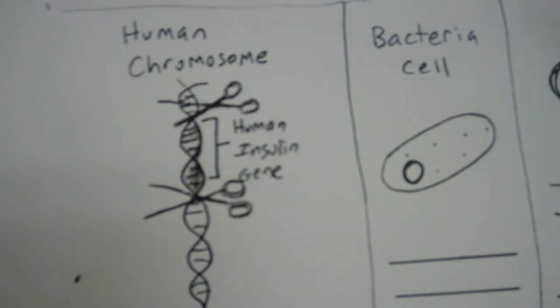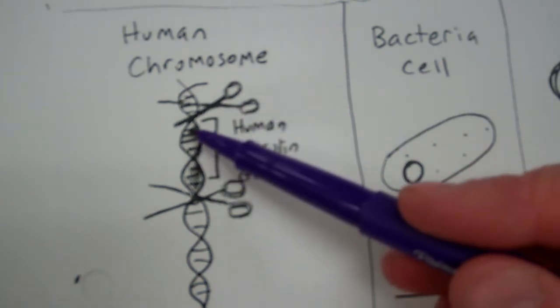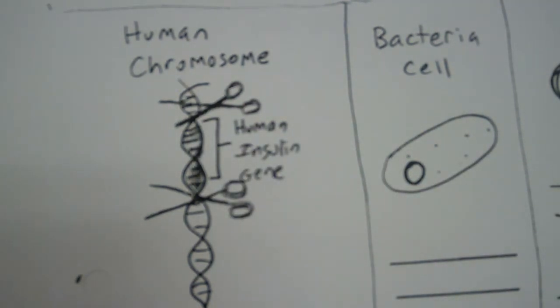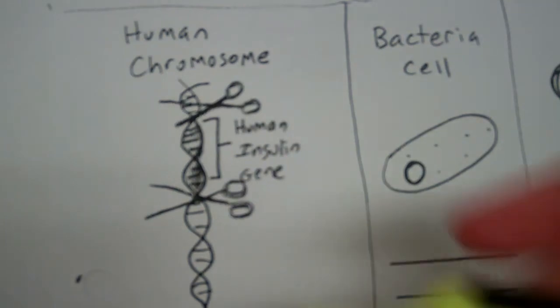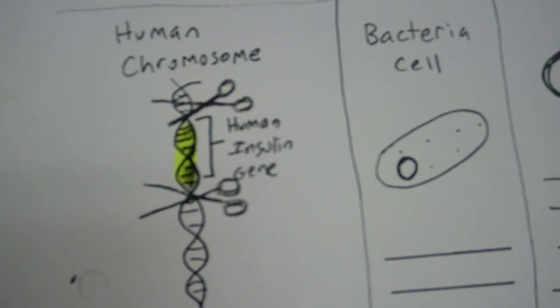Okay, scientists take restriction enzymes that cut their gene of interest. This is their gene of interest right in here. Okay, the human insulin gene is the gene of interest, and the restriction enzymes are going to cut above the gene and below the gene.